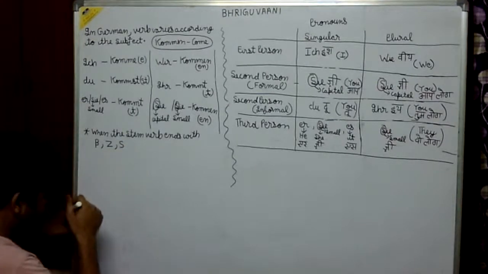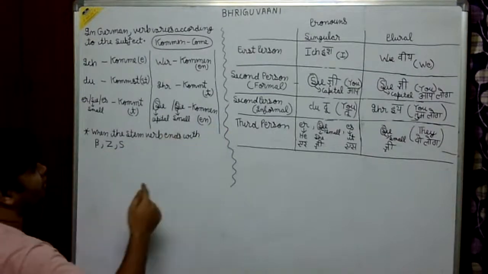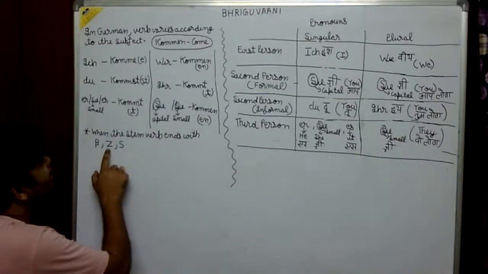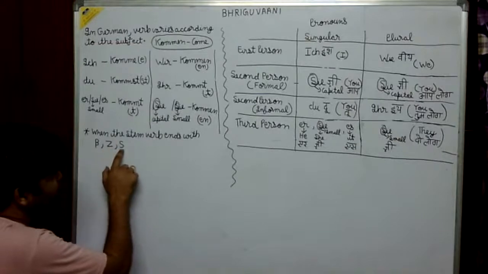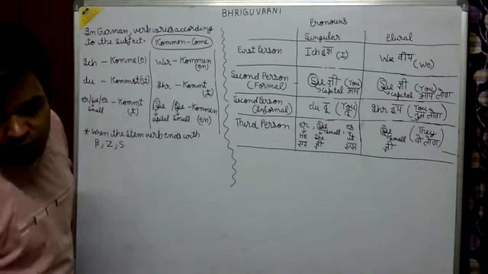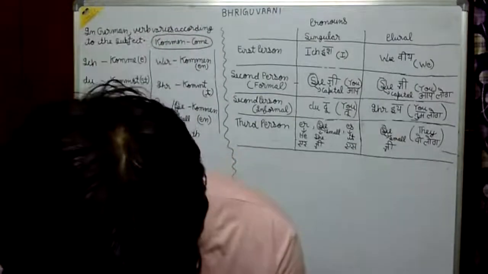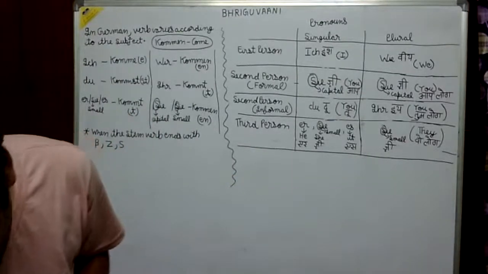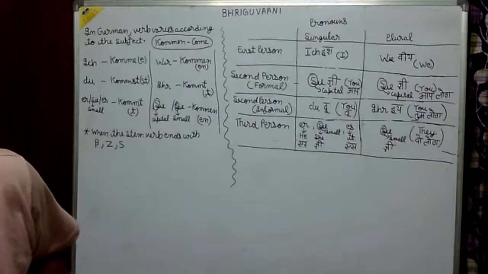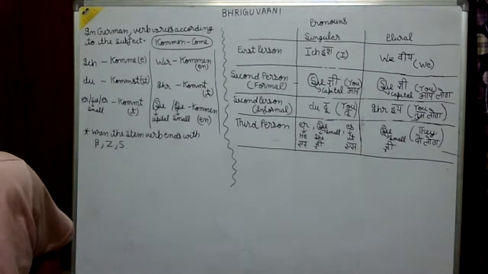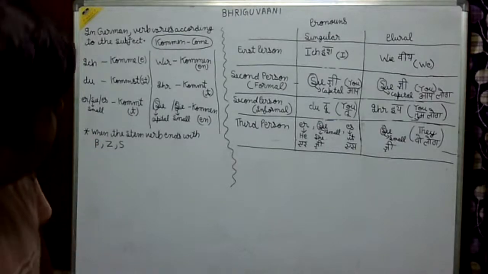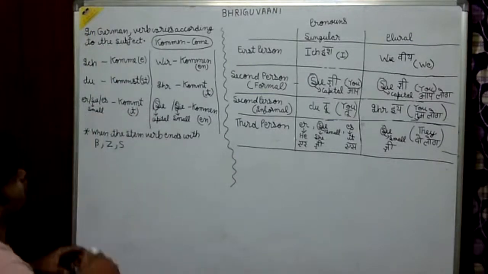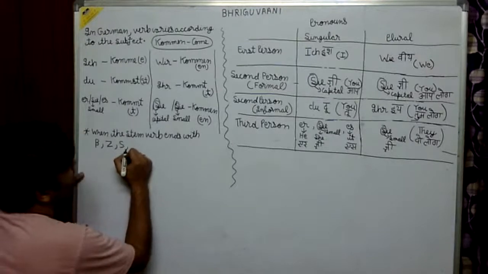So whenever there is a verb whose last alphabet may be this one and this one, what do we do in such cases? The conjugation of du, er, sie, es and ihr pronouns is the same.